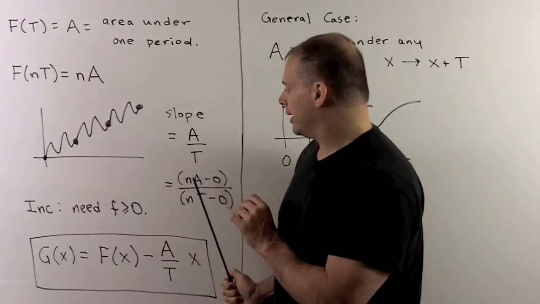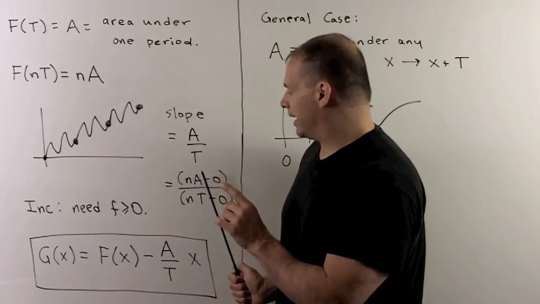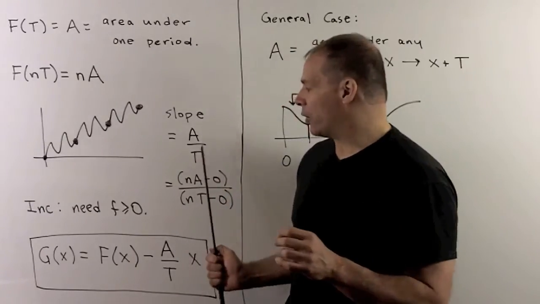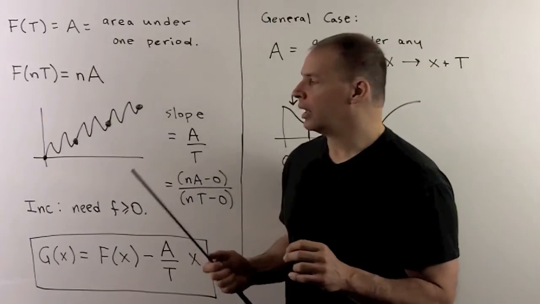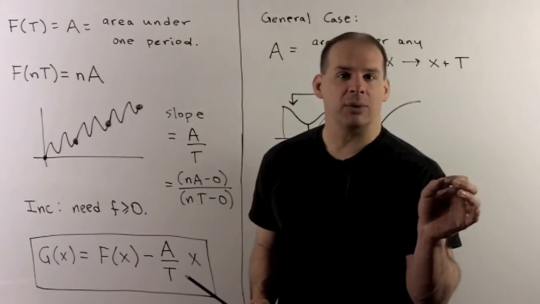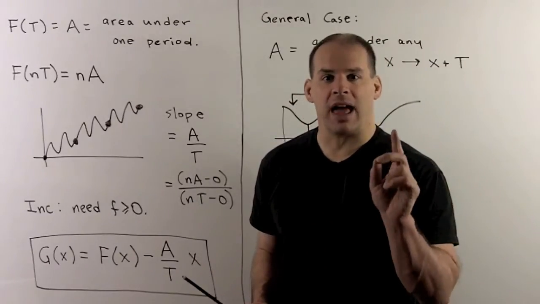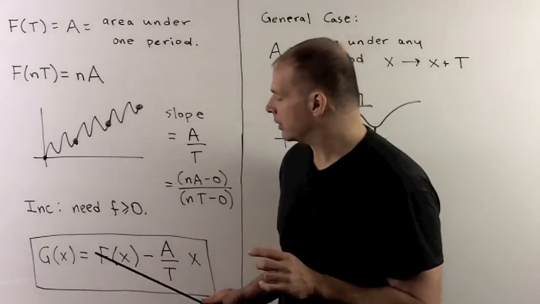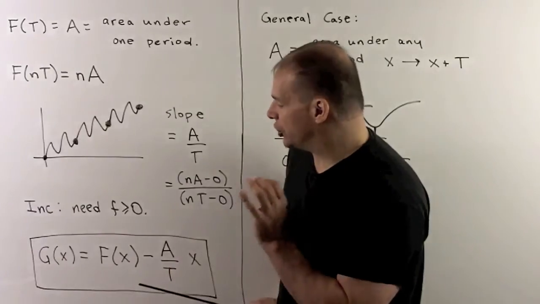I could take, say, the point nT, nA and 0, 0. We'll have slope A over T. Now, that suggests that we take capital F and subtract that line off. That line is A over T times x. So this is going to be my candidate for G of x.